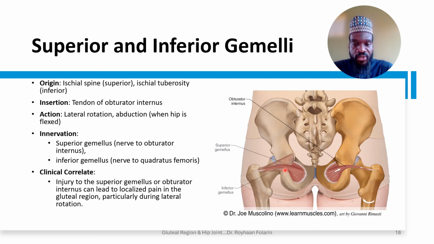You can see they are closely related to the obturator internus. This is the obturator internus on the right side, and here it is on the left side. See the close association between the obturator internus, seemingly in the middle, and the superior and inferior gemelli muscles. The gemelli are named because of their twinning structure.